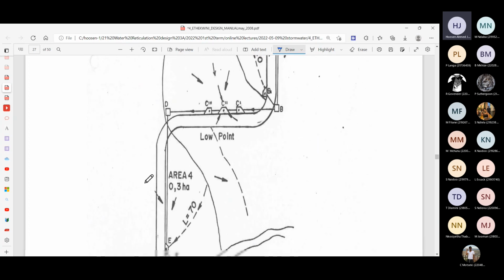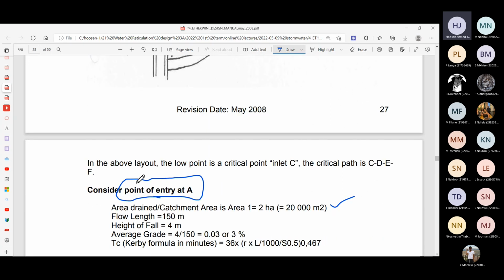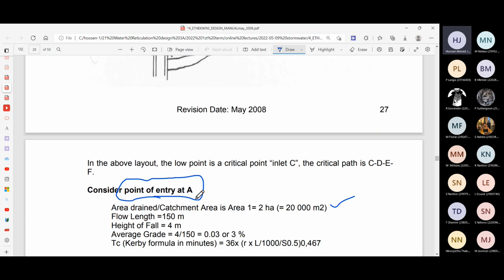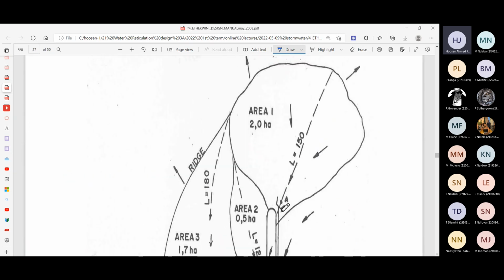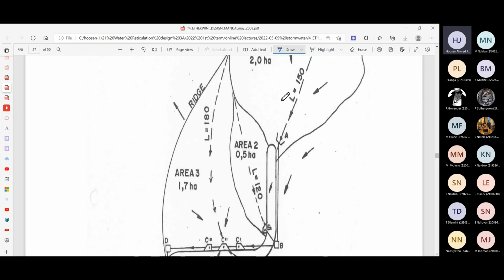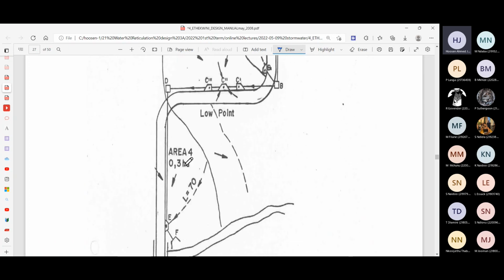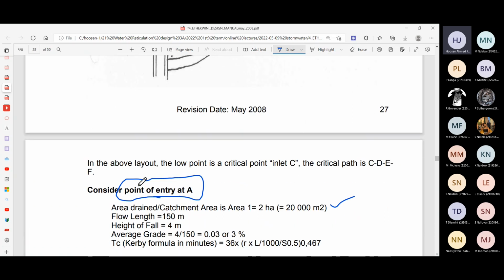You are given information about the height of fall that occurs in that area. There's a 4 meter difference in that fall from where you're starting off. So that's a 4 meter, and then based on that, you can determine the slope of the ground over there.